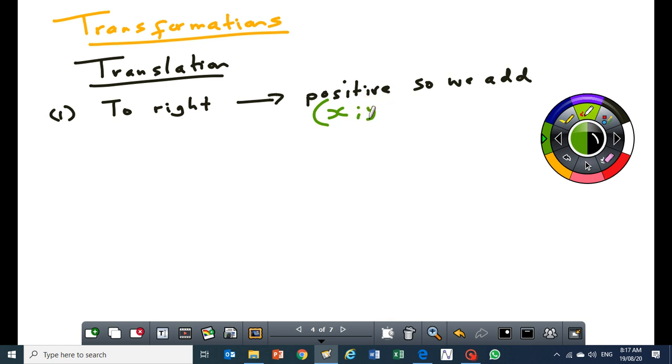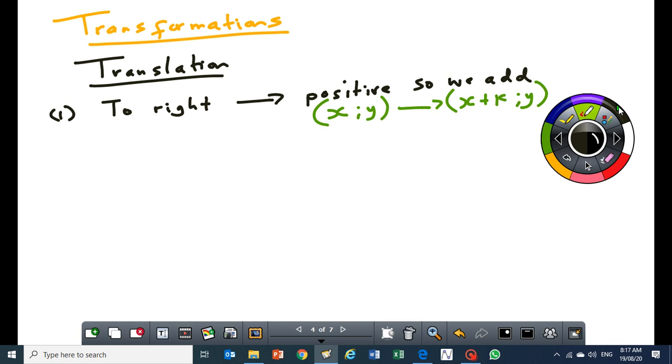If you translate it by K units, the new point will end up becoming X plus K, Y. So we are translating the X value to the right. The Y value remains at the same position. It's only the X which changes from X to X plus K.